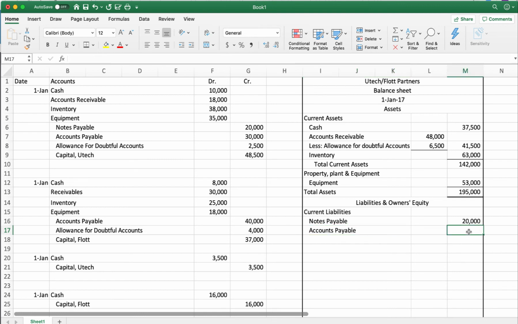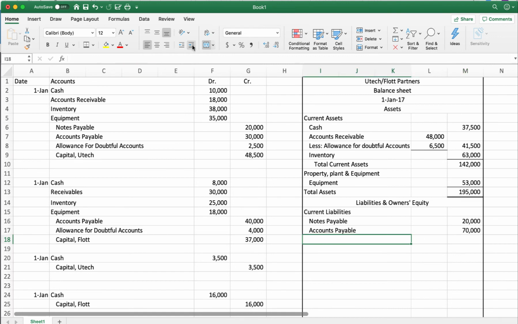Okay? So let's figure out, within this new partnership, what is the total value of the accounts payable account? Well, that's easy. I know that UTEC brought over $30,000 in accounts payable. I know Float brought $40,000 of accounts payable in. 70 grand. Okay. So now that's all my current liabilities.